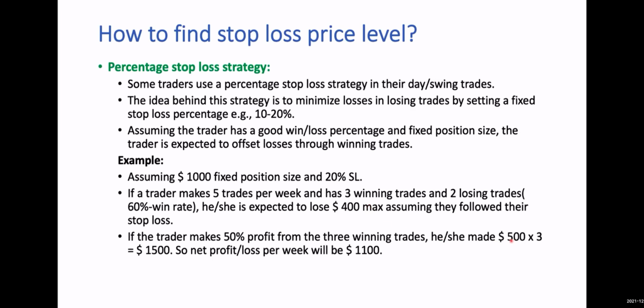Then you made 500 into 3, $1,500 profit. If you subtract the $400 loss, you'll be making $1,100 per week with just a $1,000 position size. Okay. So $1,100 per week multiplied by 4, that's close to 5K per month, right? Just by using this systematic approach.